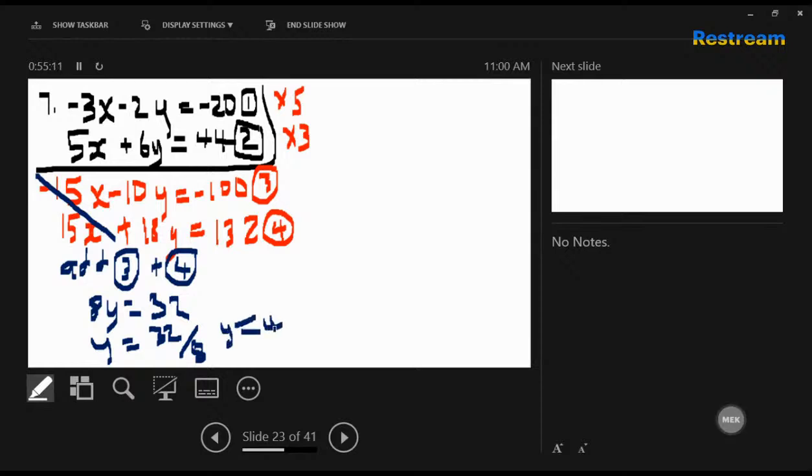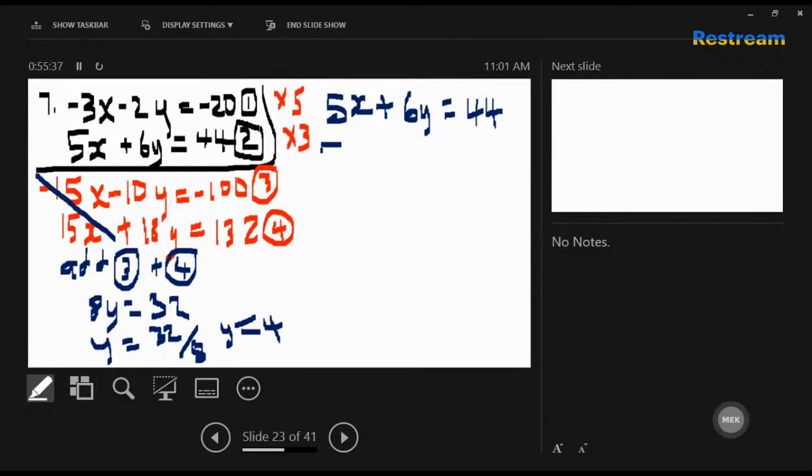So we can plug 4 where y is in any of the two equations. Just make sure to state which one you're using. I'm going to go with the positives because it's easier to work with positive numbers for most persons. So I'm choosing equation 2, and I'm going to plug in 4 wherever I see y.